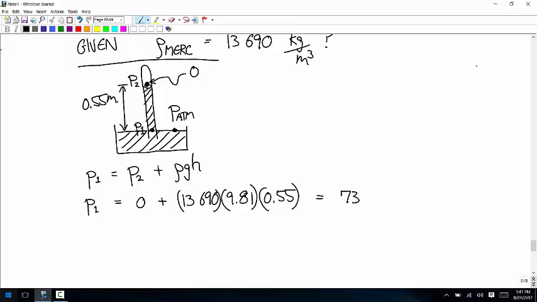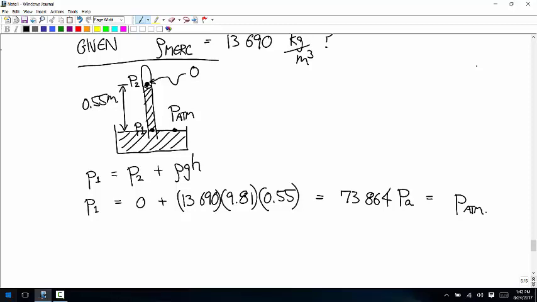Okay, 73,864 pascals. And because the pressure P1 is equal to the atmospheric pressure, this is the atmospheric pressure.